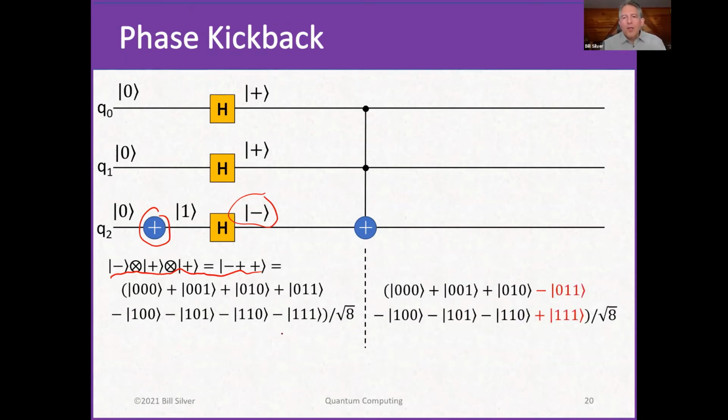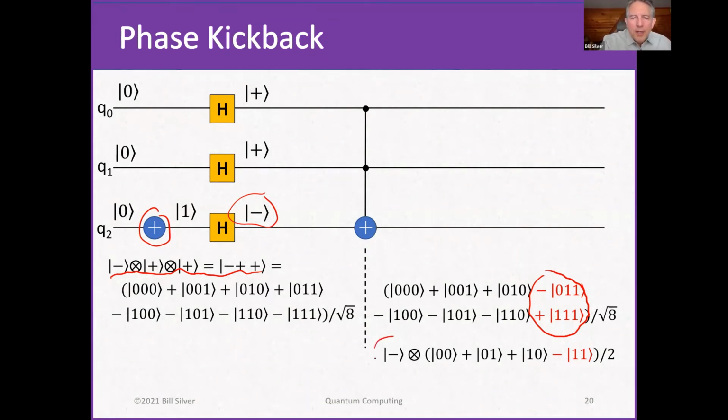And what comes out of the controlled NOT gate, as we remember, what controlled NOT does is it exchanges those two components, the ones that I marked in red. So what does that look like? Well, here's what it looks like. This state here is the tensor product of the minus state and this state here. The minus is the most significant, that's Q2.